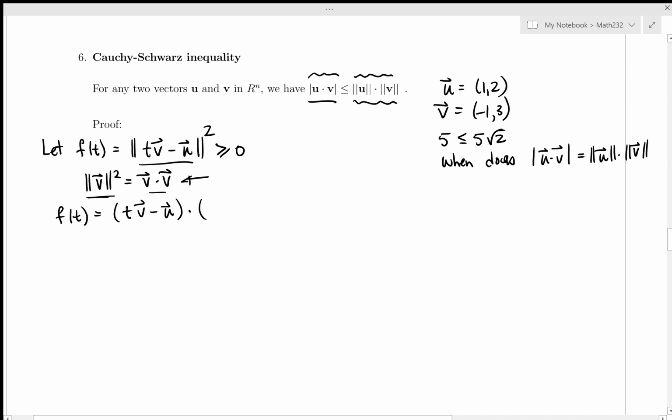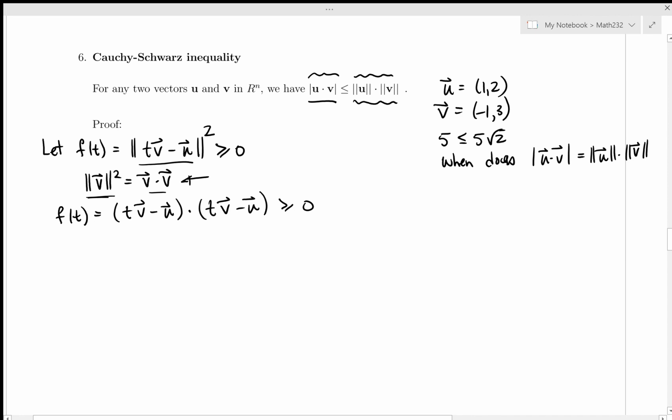Again, we haven't done anything. We're just computing the norm squared using the dot product, and it's still greater than or equal to 0.